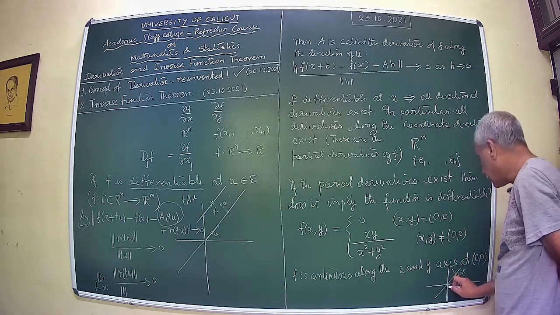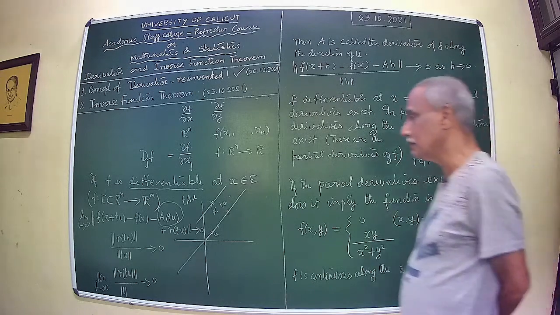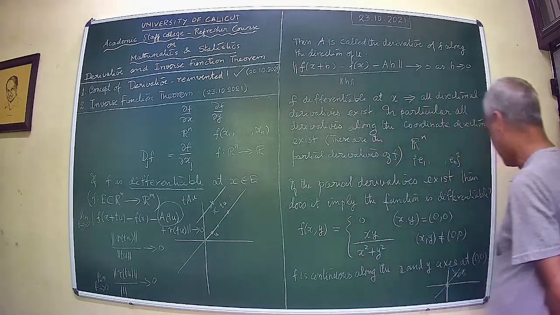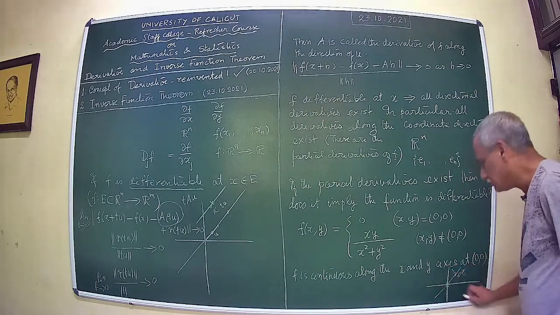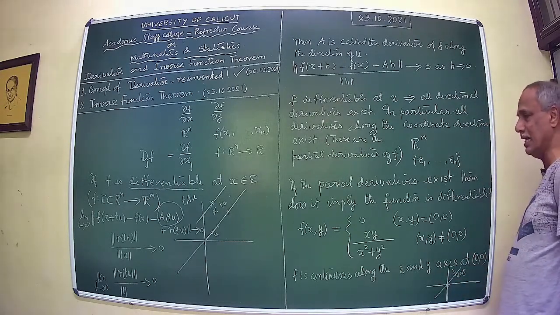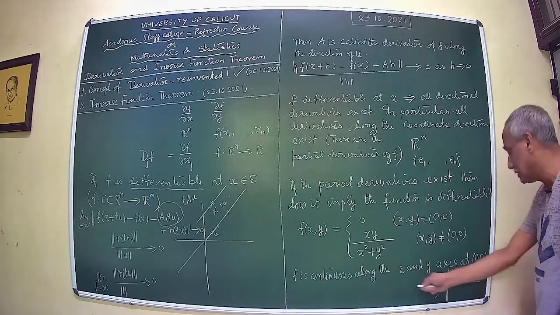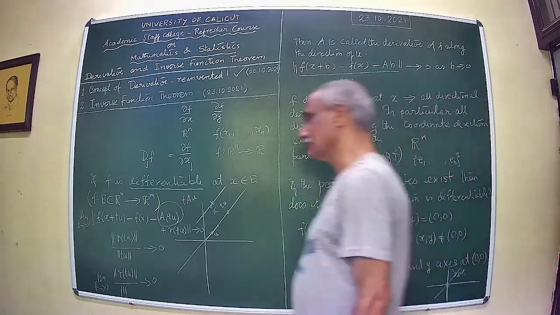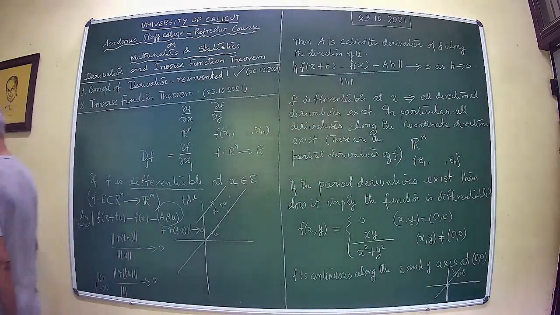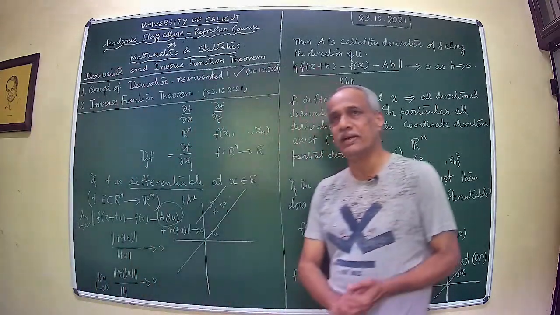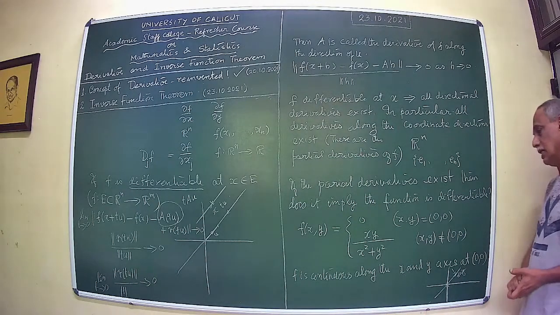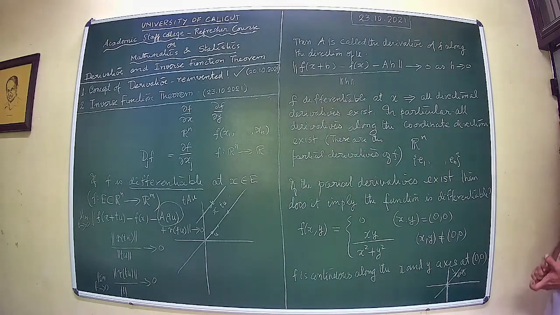But the value of the function at (0, 0) is 0, that is given to be 0. Therefore, you see that the function is not continuous along any radial line other than the coordinate axis. So, simply that the partial derivatives exist does not imply that the function is differentiable.